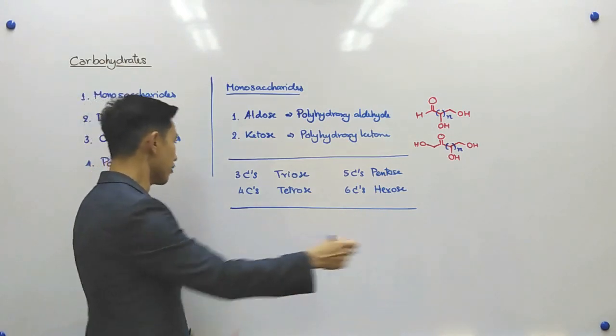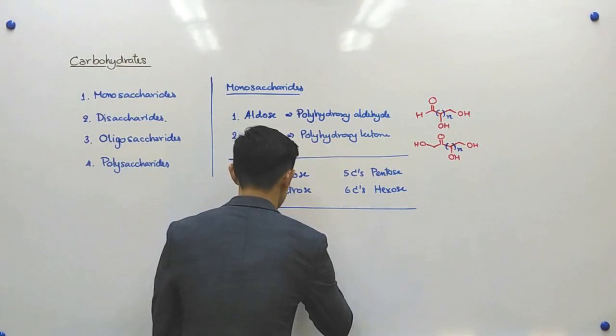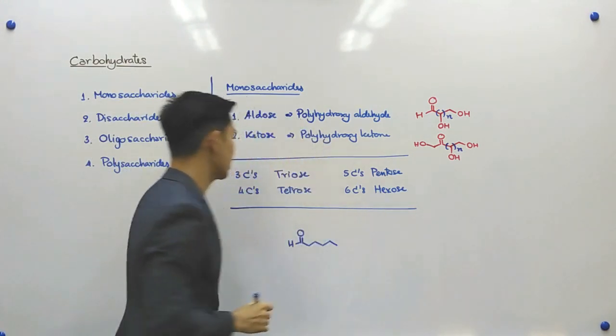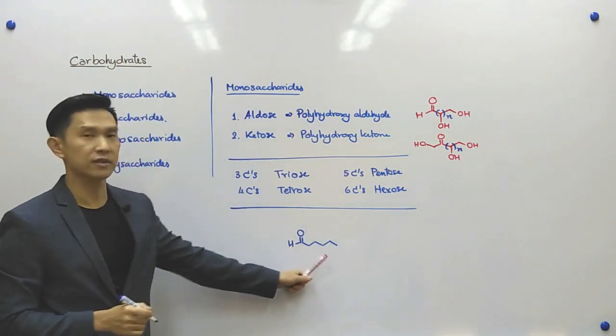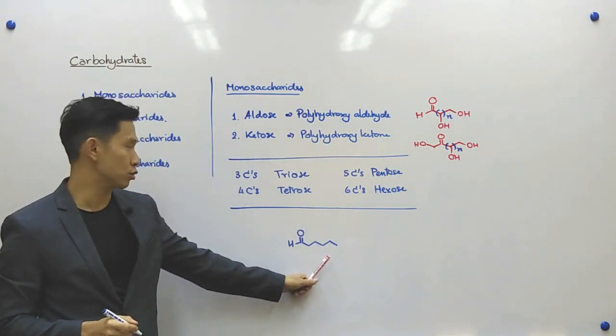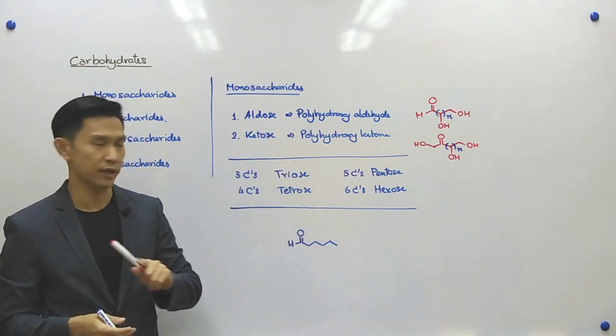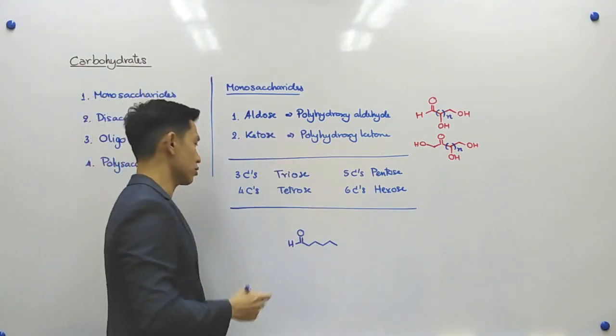So let's start with an example of carbohydrate. A very famous example of carbohydrate is glucose. So I shall draw the structure of glucose here. Glucose is composed of 6 carbon in 1 molecule, and as you can see, every carbon contains OH. And this is the structure of the glucose.